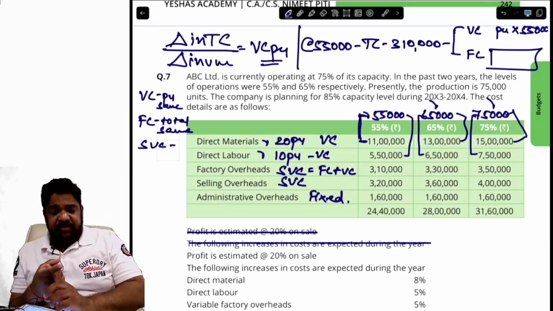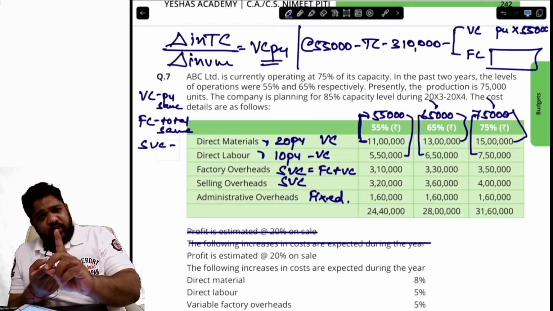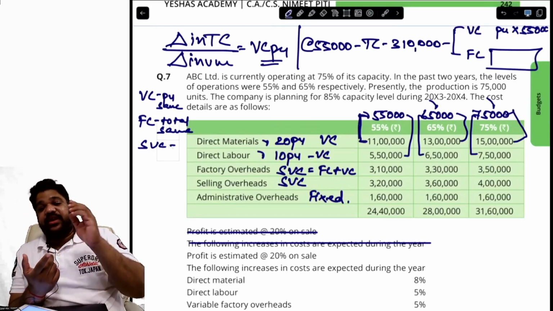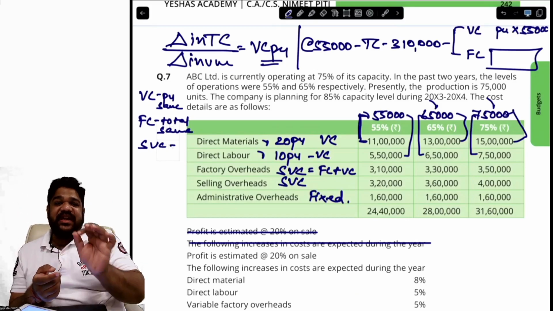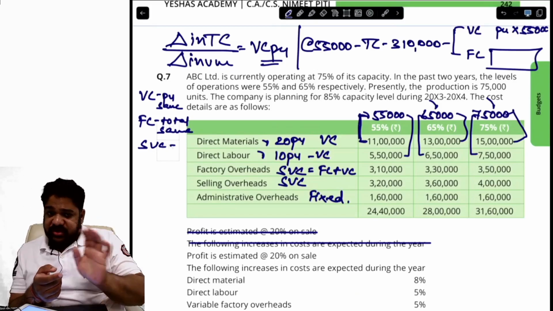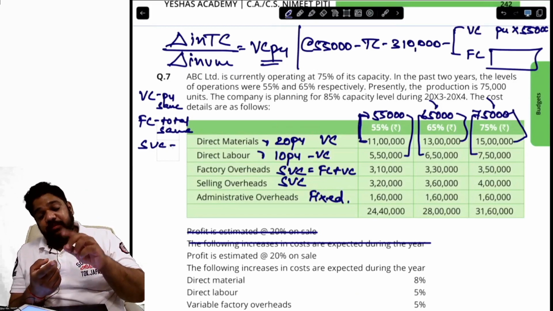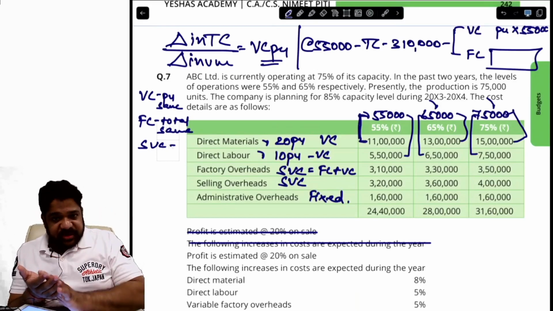When it comes to flexible budgets, you have two types. One, where you have cost at only one level. Second, where you have cost at more than one level. If you have cost only at one level, you will decide the behavior based on the name of the cost, whether the cost is fixed or variable or semi-variable. If you have cost at more than one level, you will have to mathematically see whether the cost is fixed, variable or semi-variable.